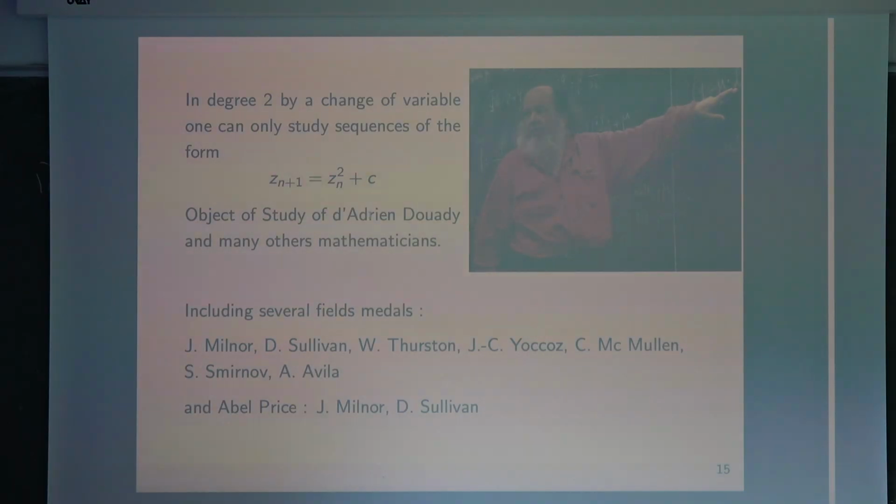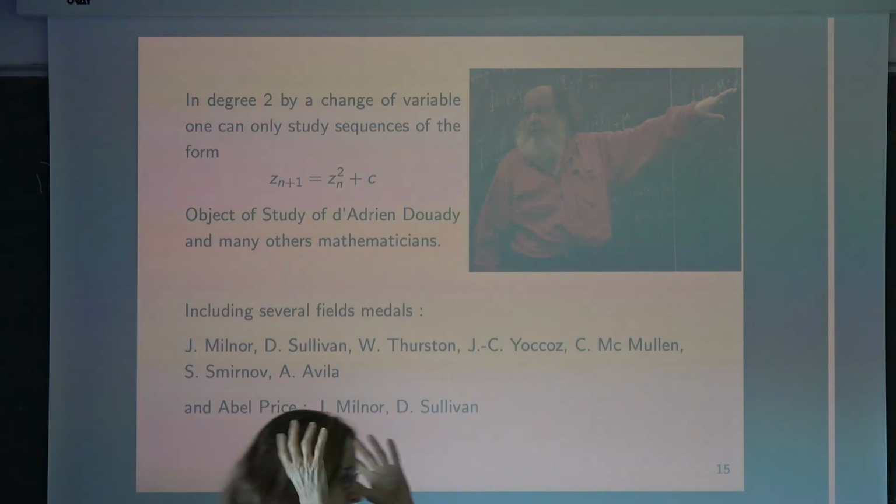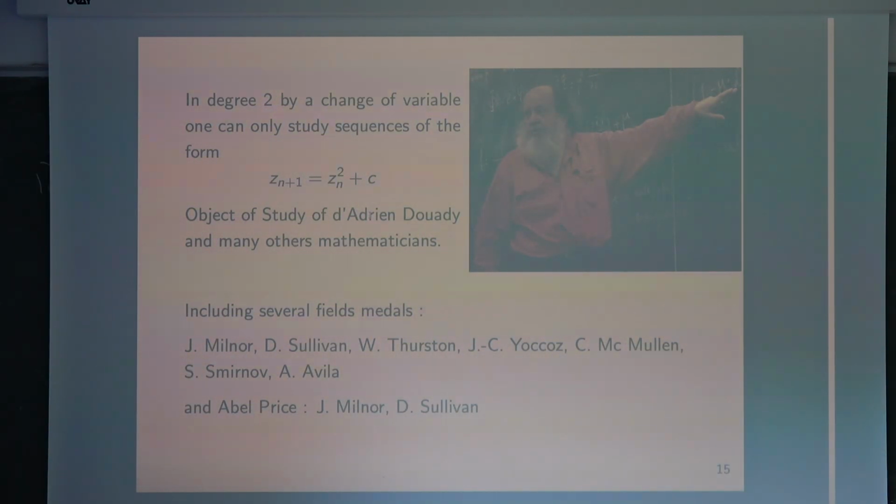So most people think that looking at sequences is very elementary. And Adrien Douady was doing complex geometry with very complicated bundles, very abstract complex geometry. Then he became interested in this question, because there were these computer pictures that show a lot of information.